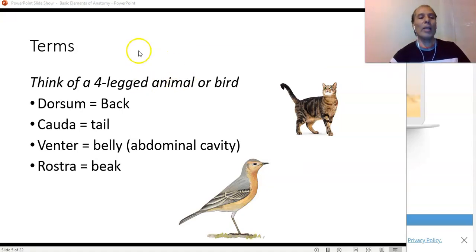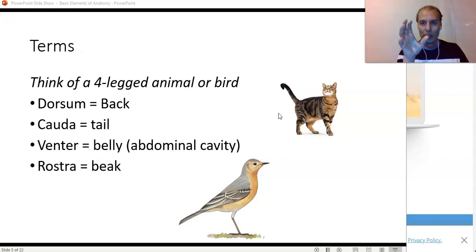So in Latin, the word dorsum means back. If you remember that dorsum, or back, think about any animal, and the back of it will become the dorsum of the cat, the dorsum of the sparrow, the dorsum of the human being.